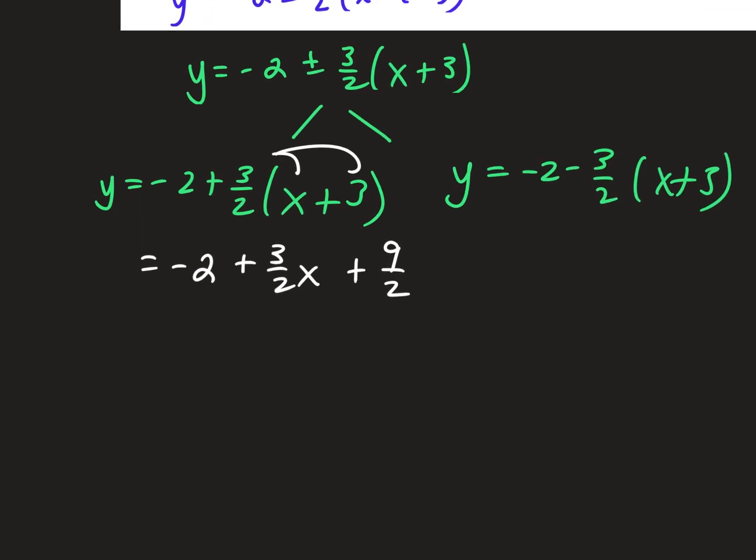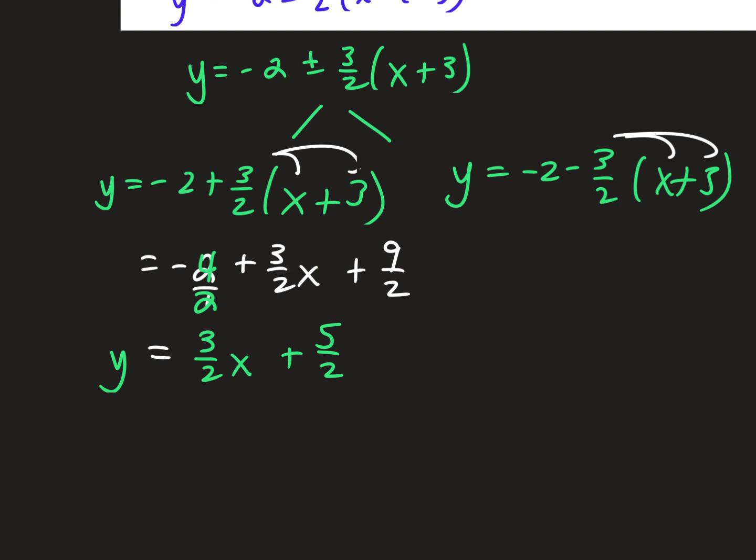Now what? Okay, what's my common denominator? 2. So if I change this to a 2, do you guys agree this becomes a 4? So this becomes y equals 3 over 2x, what? Plus 5 over 2. Perfect. So same thing over here.